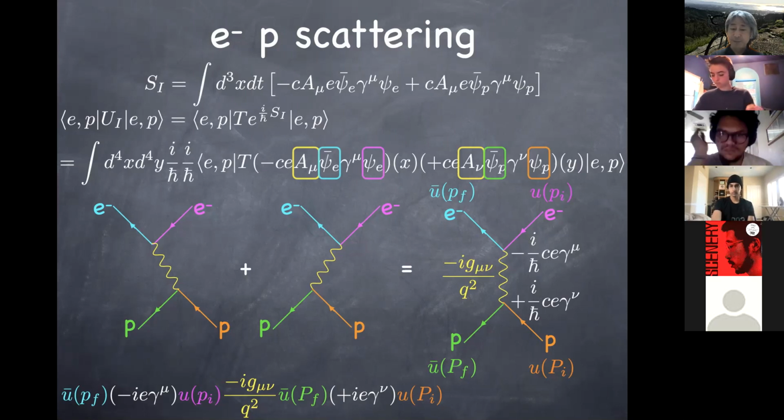This wavy line corresponds to the propagator, and so on and so forth. The minute you draw a Feynman diagram, you know immediately what the amplitude looks like. So we don't need to go back to time-dependent perturbation theory and think about creation and annihilation operators. The minute you have the diagram, immediately you write down these expressions for the matrix elements, and that's really the beauty of the Feynman diagram.